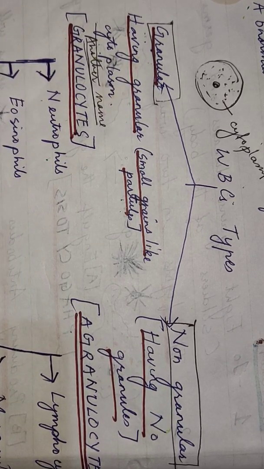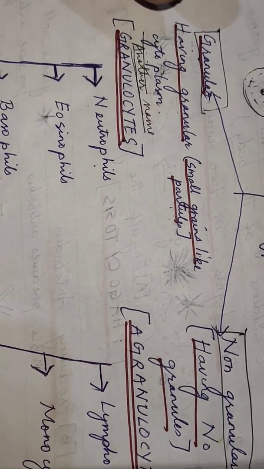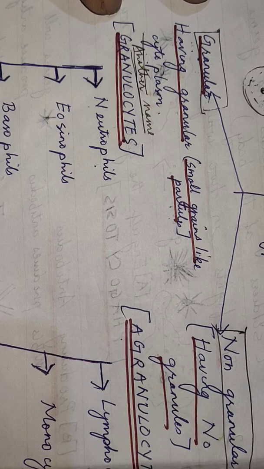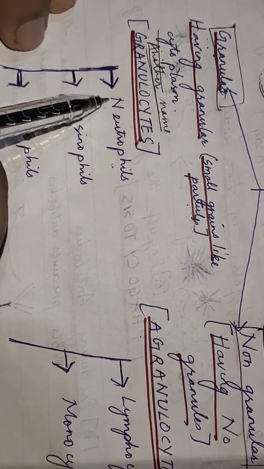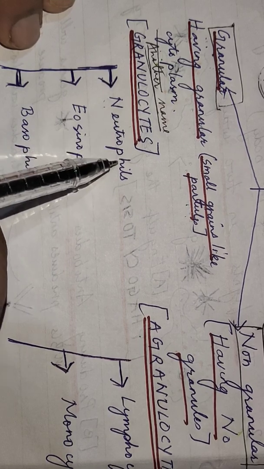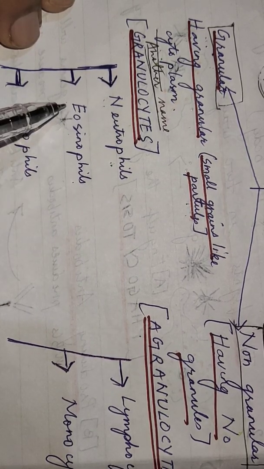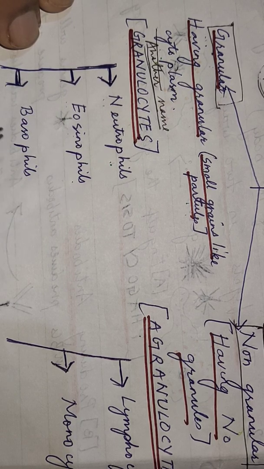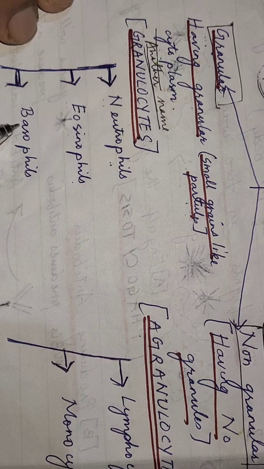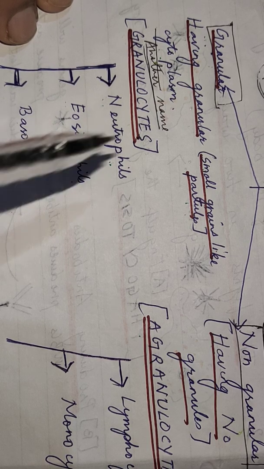And granulocytes or granular are of three types: neutrophils, eosinophils, and basophils.